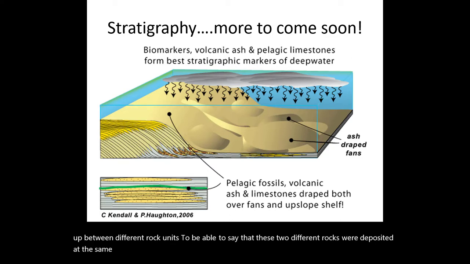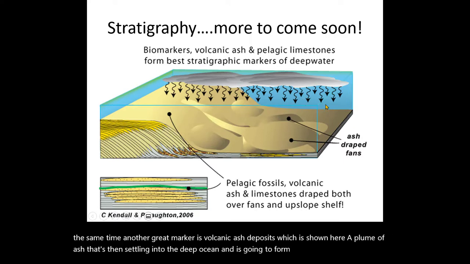Another great marker is volcanic ash deposits, which is shown here, a plume of ash that's then settling into the deep ocean and is going to form a blanket that represents one time interval.